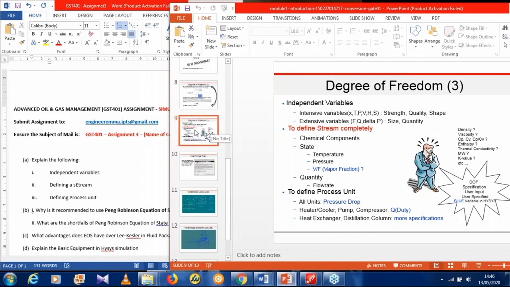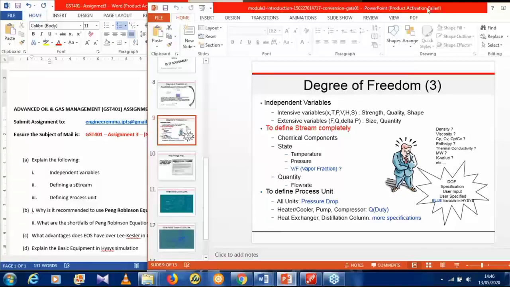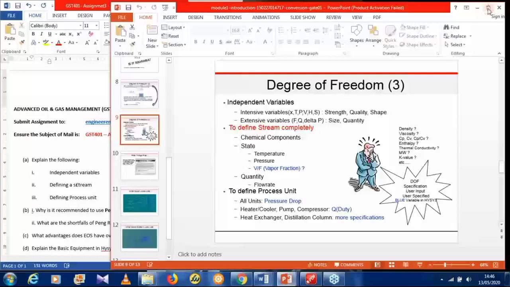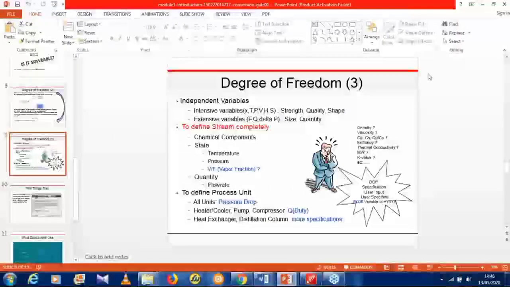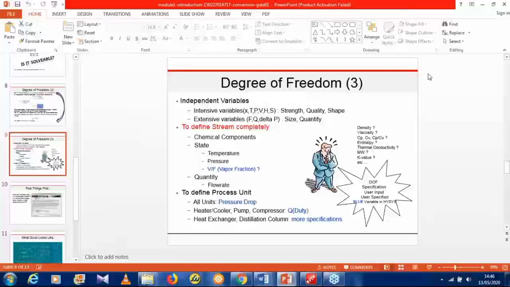From there we went on to talk about its uniqueness and some other features. So today we'll continue with that and quickly see how we can go into fluid characterizations and basic equipment. That will be a very good landing for every one of us.